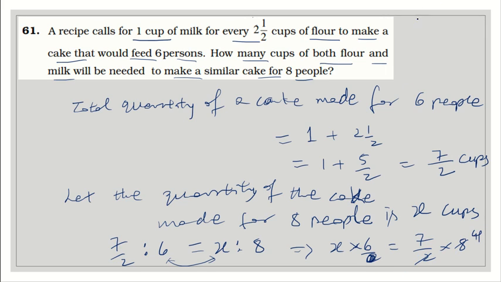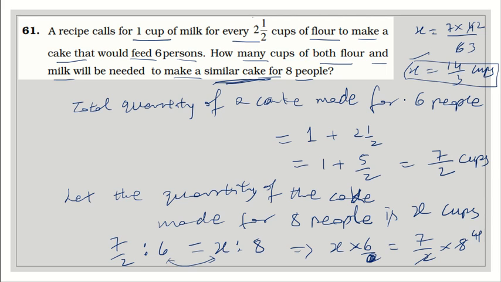So x equals to 7 into 4 upon 6. Now 2s are and 3s are, therefore x is 14/3 cups. So the quantity required where both milk and as well as flour is 14 cups. Okay, this is how we write conclusion.